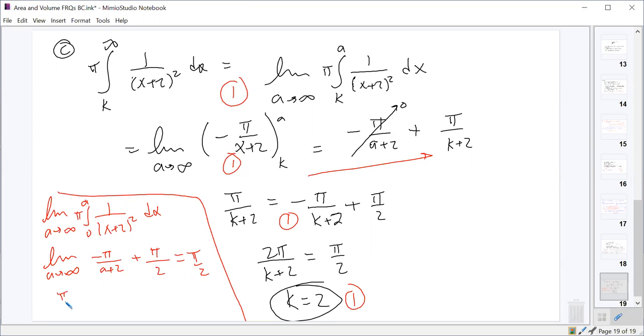So he said that'd be pi over 4 needs to equal, what was our value? Negative pi over k plus 2 plus pi over 2. Subtract the pi over 2 gives you negative pi over 4 equals negative pi over k plus 2. And you can again see that k equals 2.